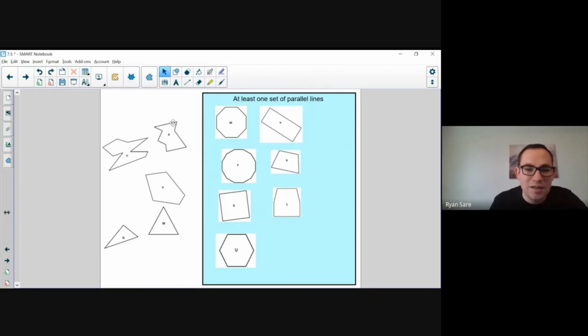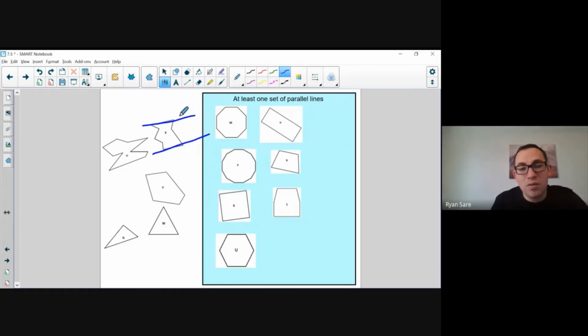Now Z. What a strange shape Z has been for us today. We're going to go ahead and try to check Z. Let's say this line looks like it might be parallel to this line. Man, bad lines. I need to practice my line drawing or find a tool that'll draw lines for me. Now, my drawing looks like they're getting closer together, but I honestly think it's just my drawing.